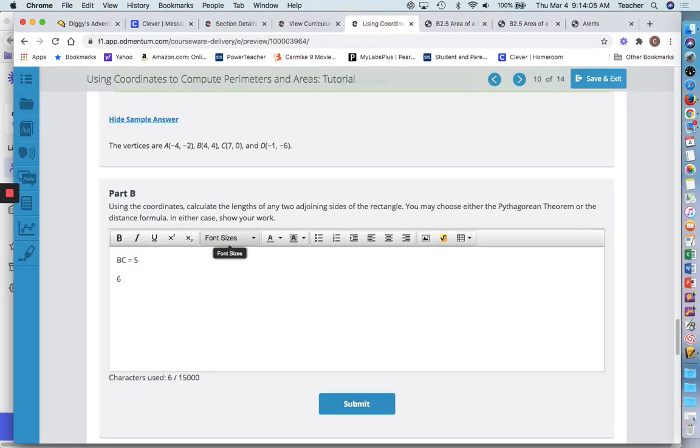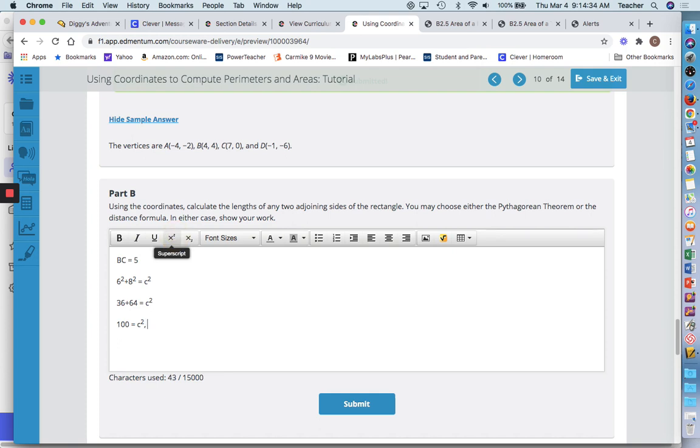So 6 squared plus 8 squared equals C squared. I have 6 squared is 36 plus 8 squared is 64 equals C squared. 36 plus 64 is a 100.